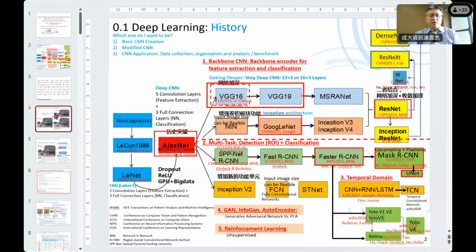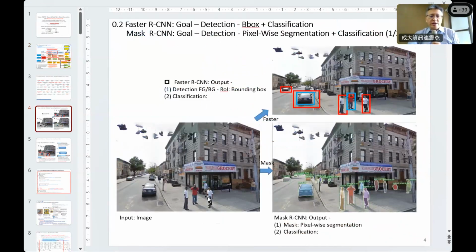For example, we need to crop this car and input it to the encoder for classification, or crop the human for classification. The convenient way is to just input the image and have it automatically do the detection and then the classification.